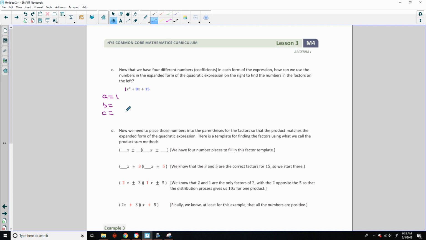B is 8, and C is 15. Okay, so then I say factors of C that add up to B.